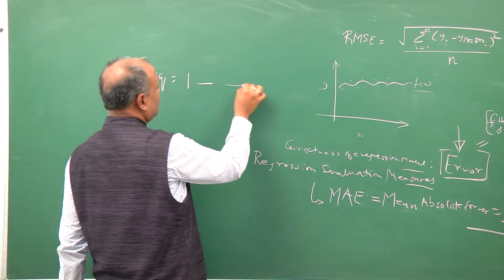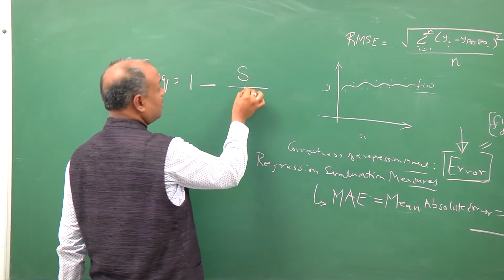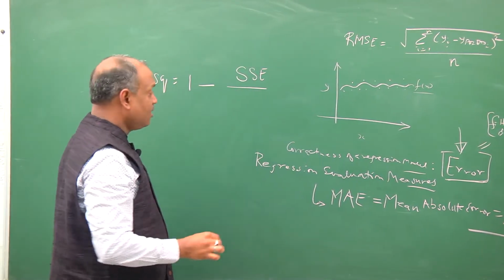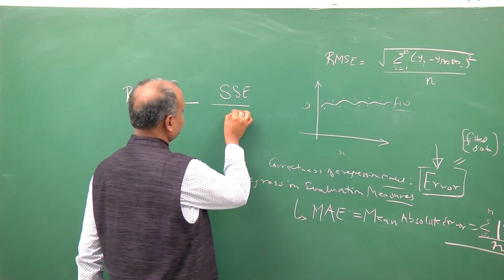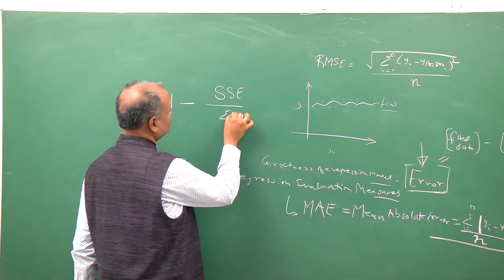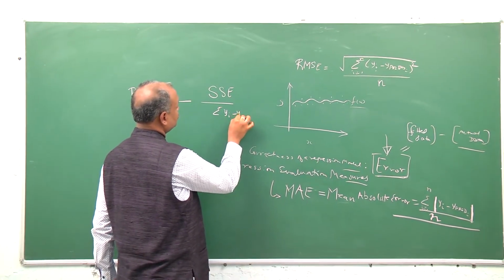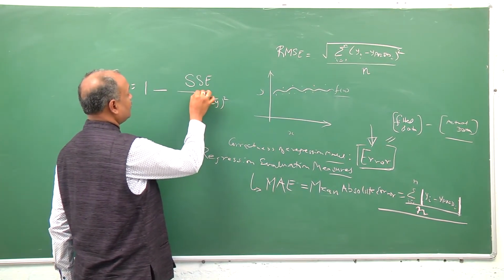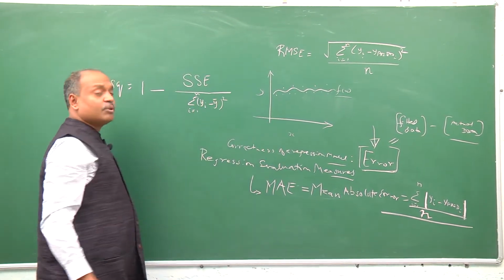R square is basically the sum of squared errors divided by the sum of squared distances from the mean.